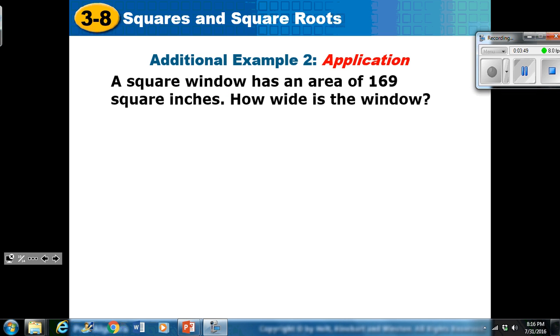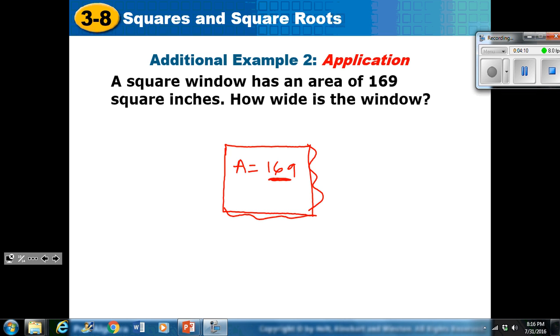It says a square window has an area of 169 square inches. How wide is the window? So if something is a square, the area of it equals 169, then whatever this is times whatever this is is going to give us 169.